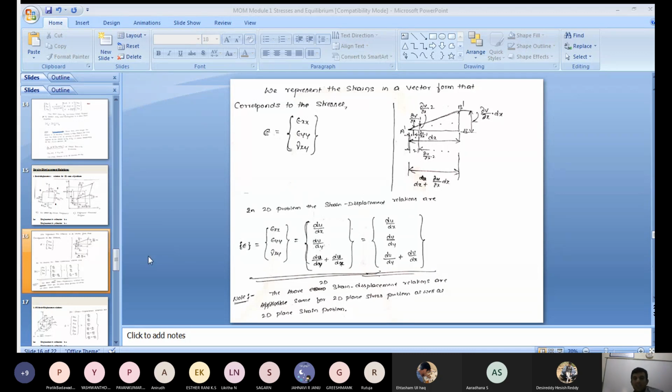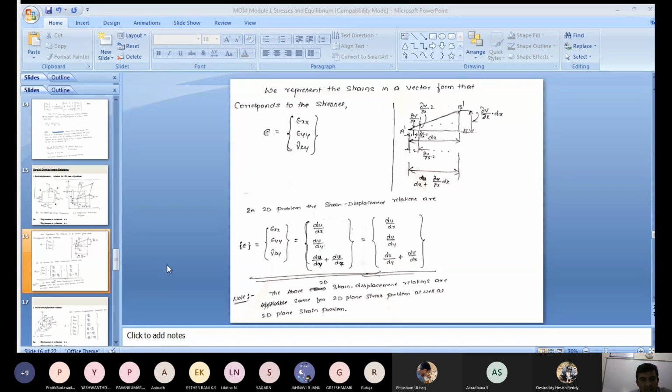Now you tell me gamma xy. Gamma xy is a shear strain. See that here, I think the cursor is visible. So give me a response. Cursor is visible. Yes, sir. Yeah, see that gamma xy is equal to, first explain.